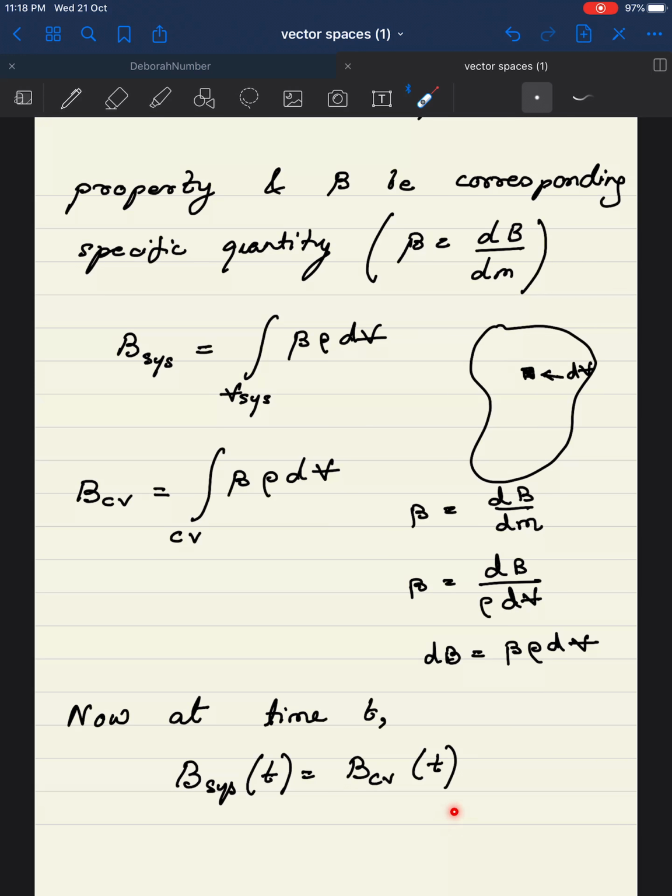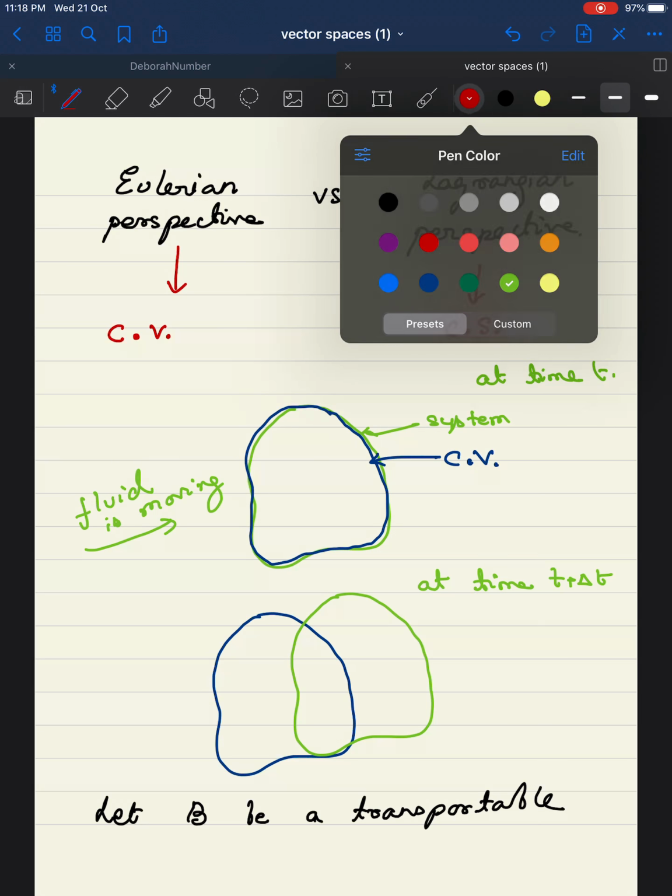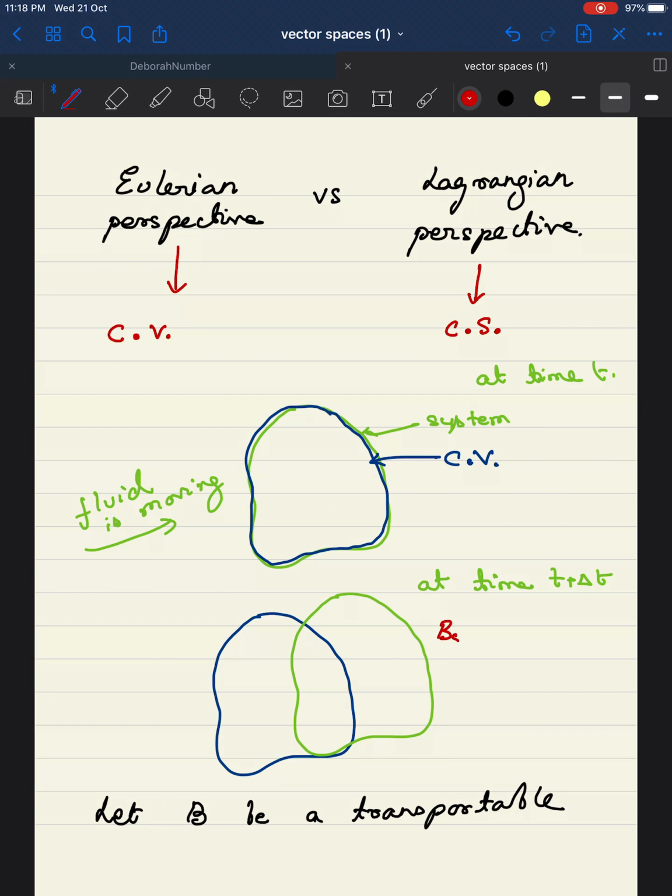So here at time t, these two quantities are equal. But at time t plus delta t, these two are no longer coincident with each other. So in this particular case, my B system at t plus delta t is not equal to my B CV at t plus delta t.